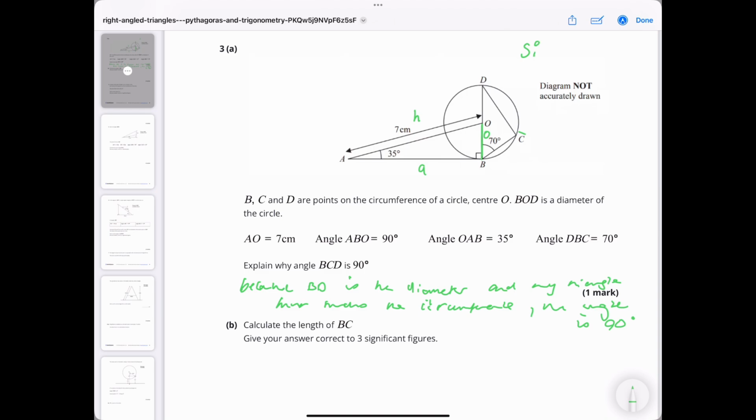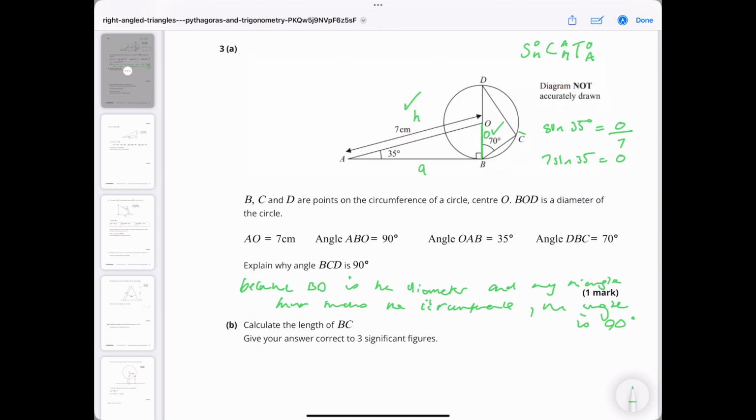If we do SOHCAHTOA, it's exactly the same every time. Sine of 35, it's always sine, isn't it, equals opposite over 7. So 7 sine 35 equals opposite.